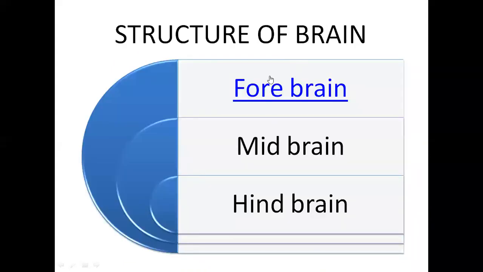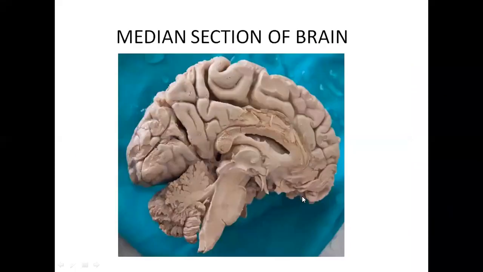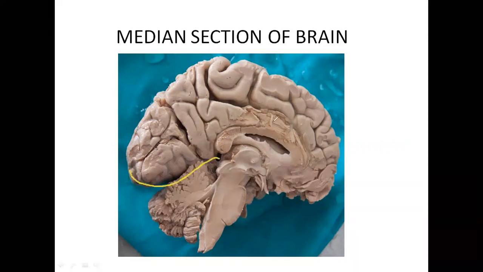So the brain is divided into three main parts, that is forebrain, midbrain and hindbrain. So let us look at this. In this picture we can see that most of the brain is under the forebrain. So I'll mark it here.